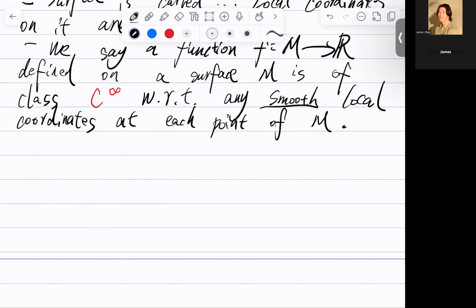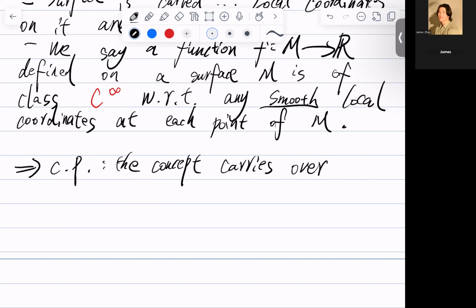Okay, great. What does this mean for us? Let's look at critical points. The concept carries over for our weird surfaces.